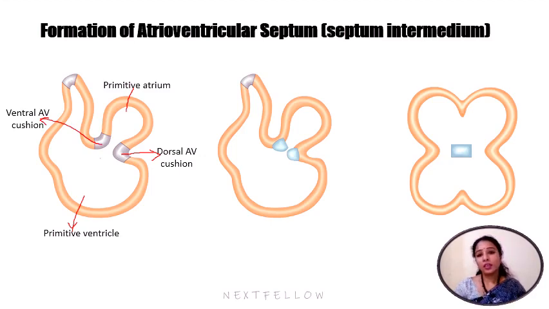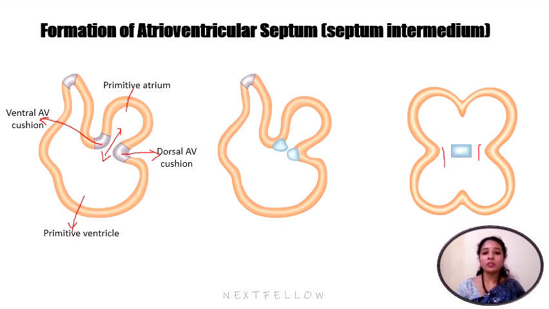The atrioventricular septum divides the atrioventricular canal into right and left halves. So the canal you are seeing here, communicating between the atria and ventricles, is divided into right and left parts by the atrioventricular cushions. AV septum is formed by the fusion of AV cushions, and two thickenings appear, one on the dorsal wall which is called dorsal AV cushion or atrioventricular cushion.